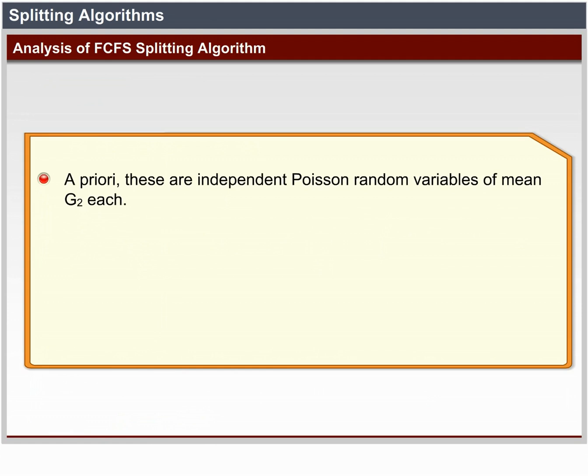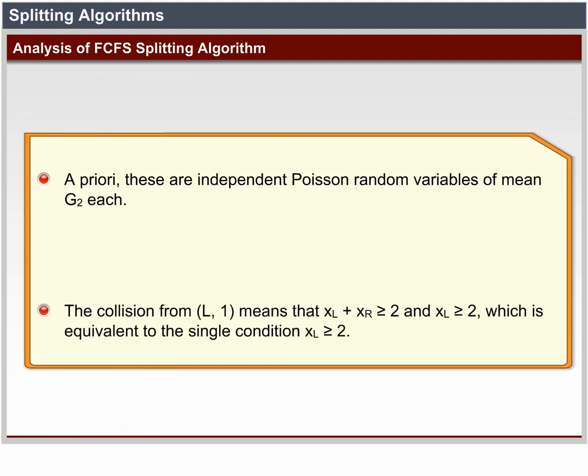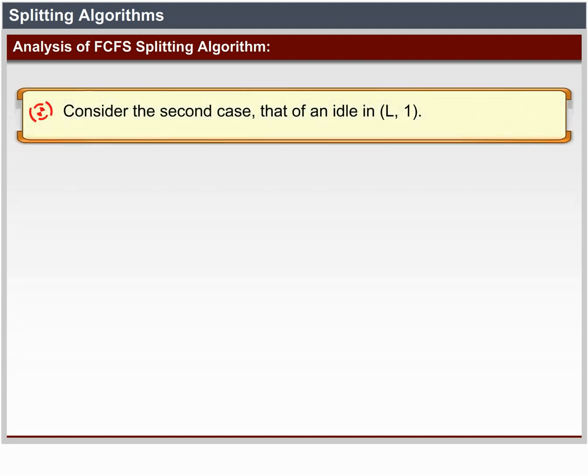The collision from L,1 means that XL plus XR is greater than or equal to 2 and XL is greater than or equal to 2, which is equivalent to the single condition XL greater than or equal to 2. Consider the second case, that of an idle in L,1.